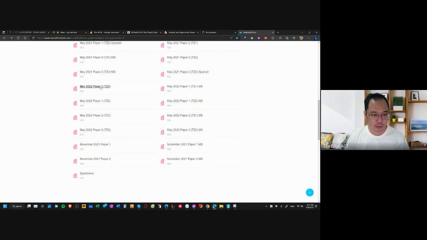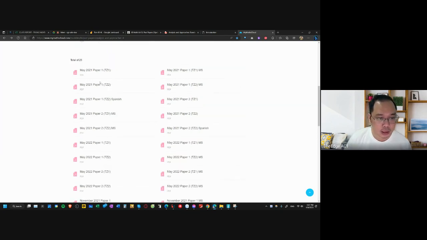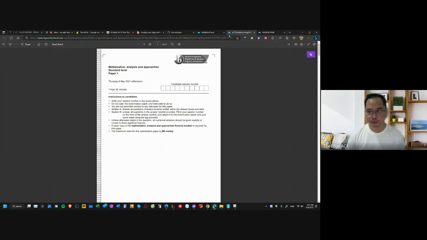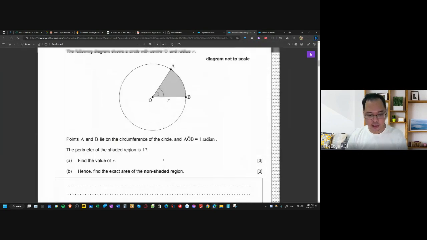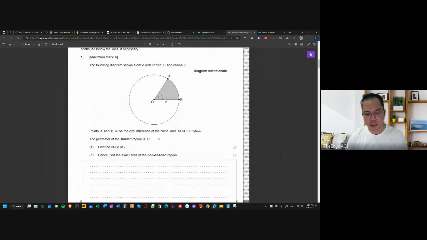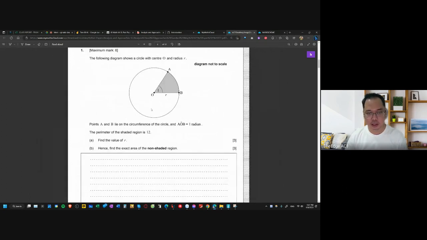Where's that? We've done a similar question like this, so we can skip this one. You can see that the paper in 2022 is very similar to 2021. Yeah, very similar.